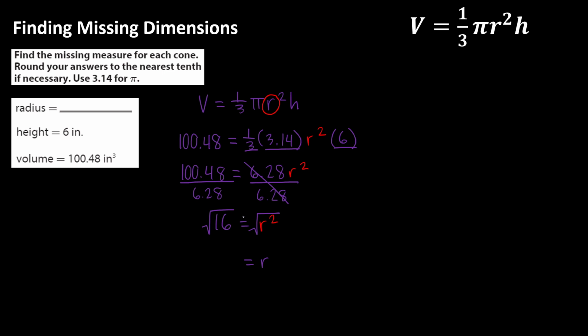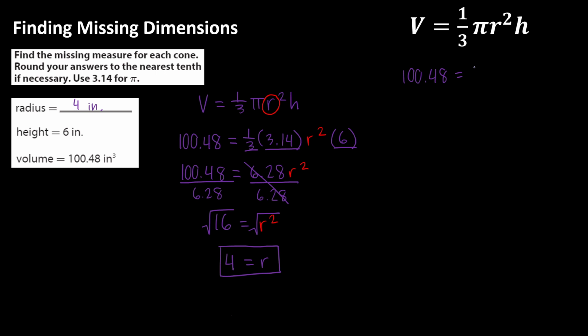And when you take the square root of 16, and we're finding the positive square root of 16, this is 4. So the radius of this cone is 4 inches. To verify this answer, you could take the volume formula and plug in everything you know.